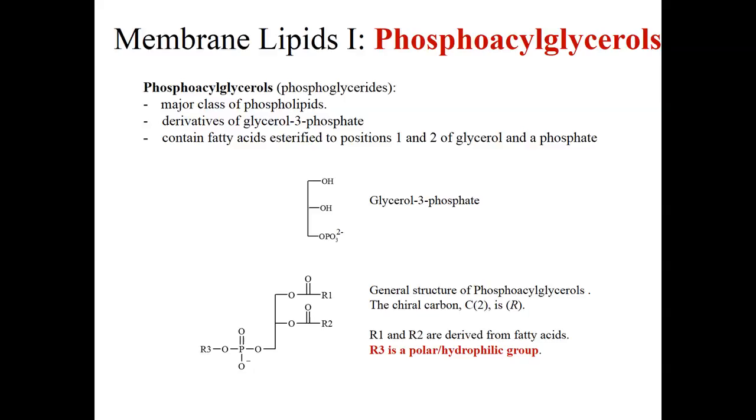So you have a glycerol, and the OH here and the OH here are going to receive the fatty acids, as you see. R1 and R2 are the fatty acids. In phospholipids, R3 is going to be a hydrophilic molecule, phosphate plus another group, and this other group is also hydrophilic, to make this head group area even more hydrophilic. Is that clear?